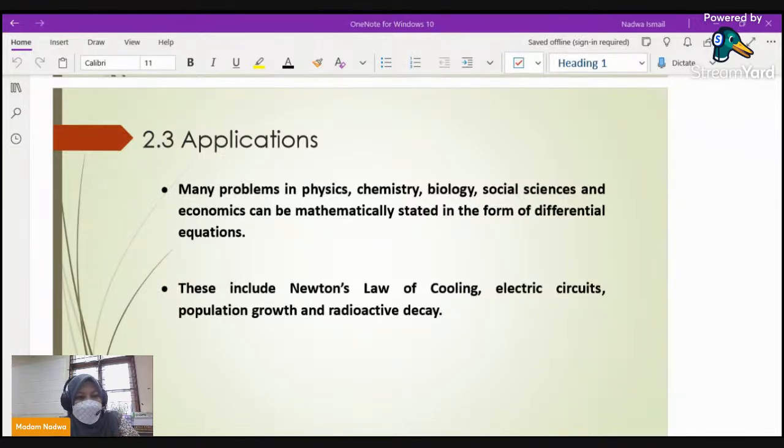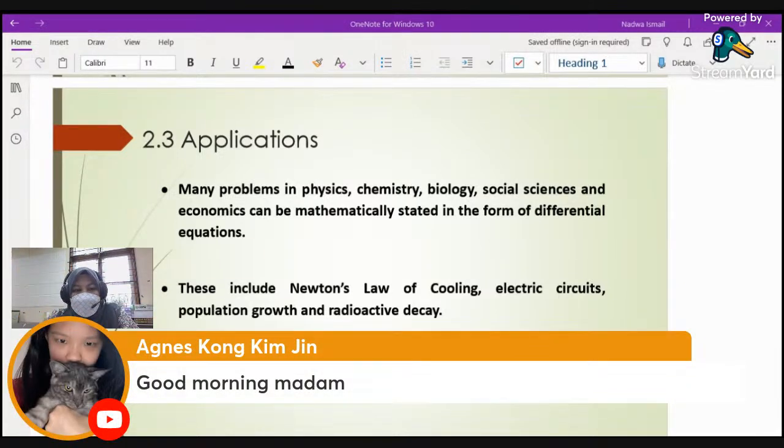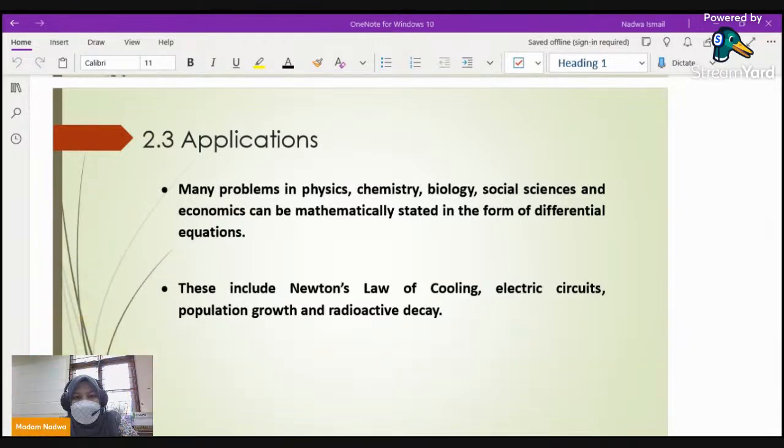So as you can see, topic 2 ni dia adalah continuation kepada integration punya chapter. So you have to know how to integrate in the first place, and then for this topic 2, you have to know how to integrate if it's given a differential equation to you. So apa itu jenis differential equation?